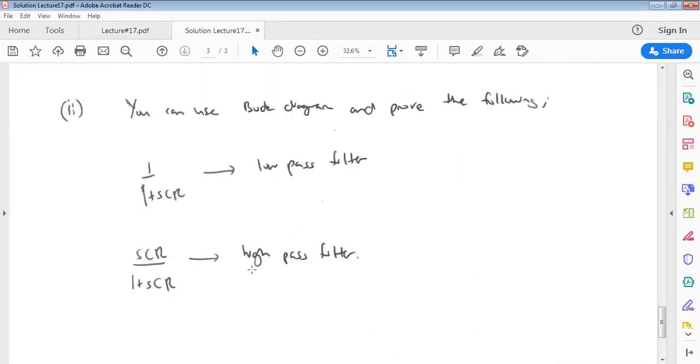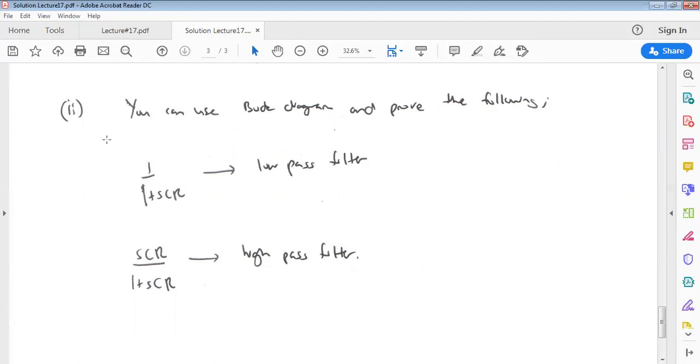This will be just substituting the values of C and R. You need to sketch both the magnitude and the phase plots, and prove that one of these transfer functions is a low pass filter and the other is a high pass filter. I shall leave this for you to solve because the examples for the Bode diagram have been shown in the previous example.